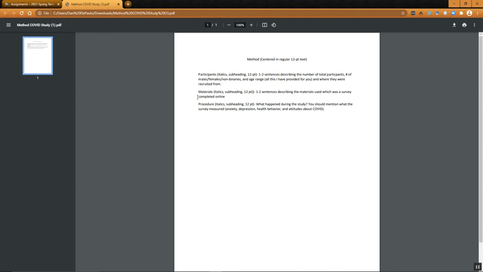And then you want to also say that you're measuring anxiety, you're measuring depression, you're measuring health related behaviors, you're measuring attachment style, you're measuring empathy, you're measuring things like health anxiety and somatization. So you should all have that in there.